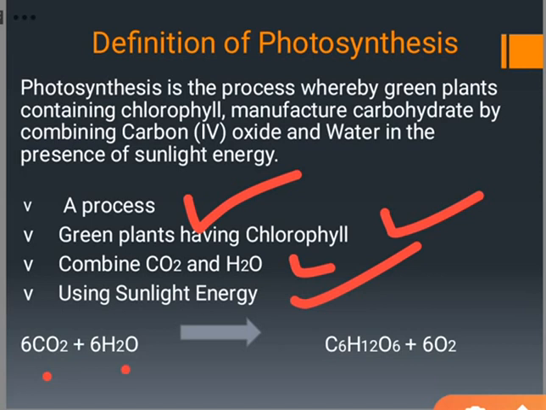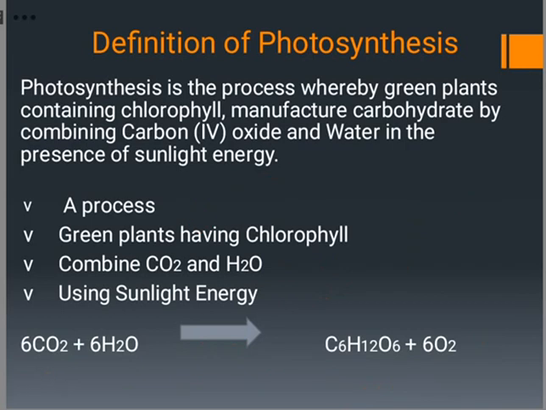So in the presence of sunlight energy and chlorophyll, the product, which is the carbohydrate, is produced with the liberation of oxygen. This oxygen is eventually given off.